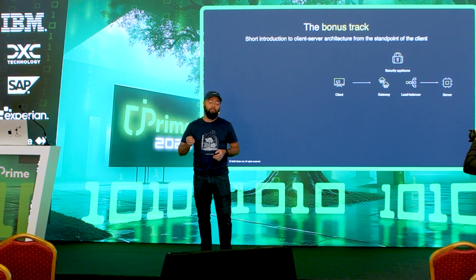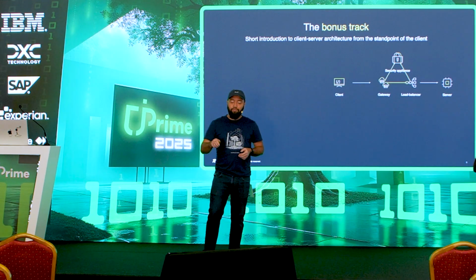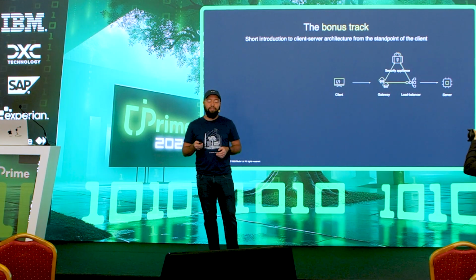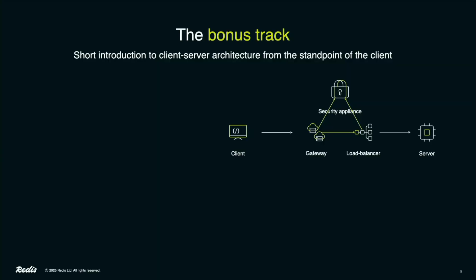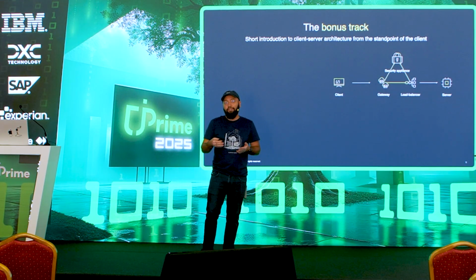So there's a lot of things between the client and the server today. But if you see this picture, it's obvious that the components within it besides the client, which are the appliance, the gateway, the server, are all actually clients because they talk to each other. Whenever a server initiates a connection to another server, it's actually a client.